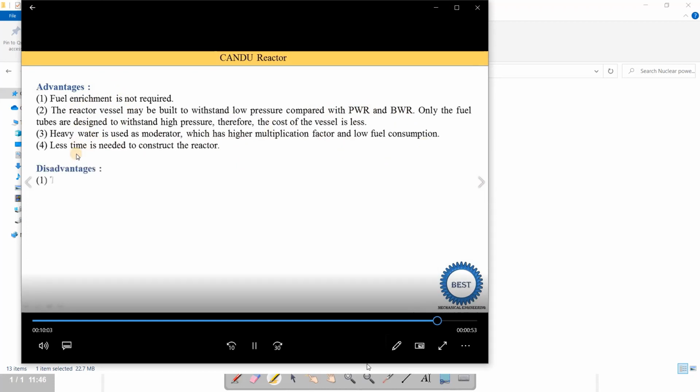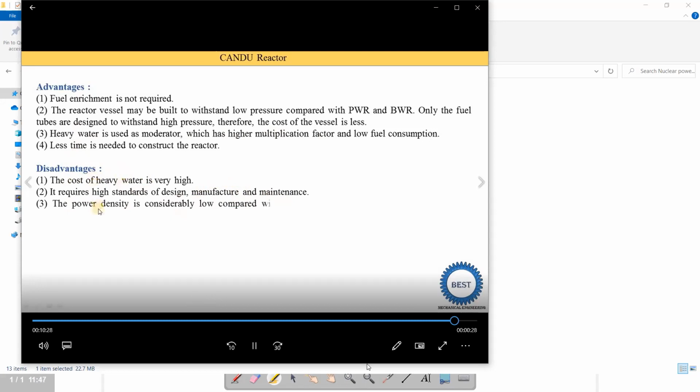Now the disadvantages of the Candu reactor. First, the cost of heavy water is very high, as we use heavy water as a moderator as well as the coolant, so its cost is high. It requires a high standard of design, manufacturing, and maintenance.